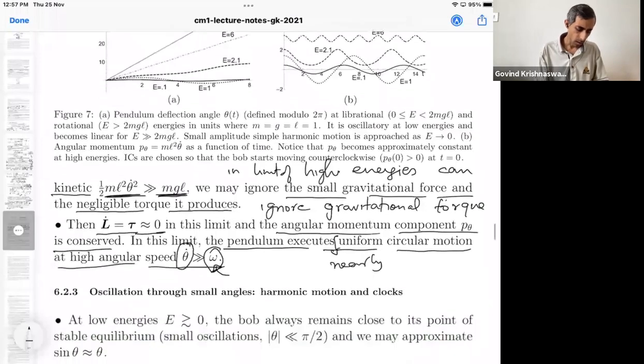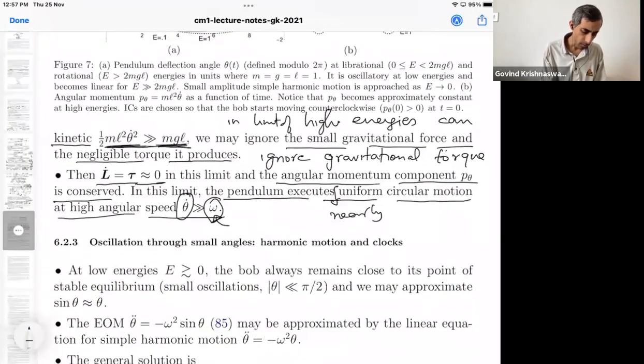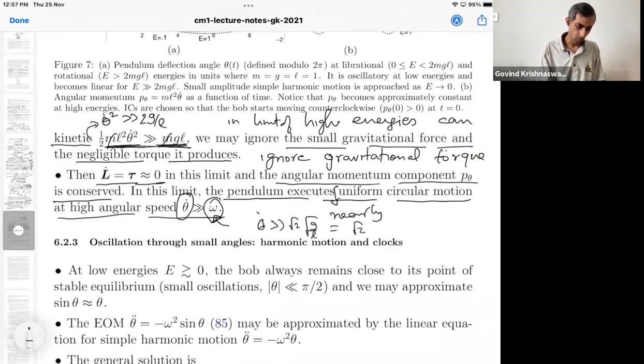Alternatively, I can derive that from the energy equation. Let us see how you get it. You will get that theta dot squared is much, much more than g upon L. Masses cancel, 2 goes there, which says that theta dot is much, much more than root 2 times root of g upon L, which is root 2 omega.